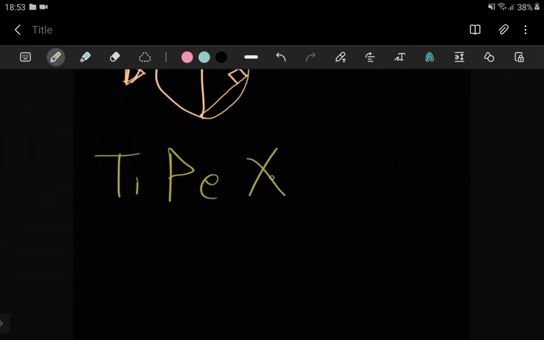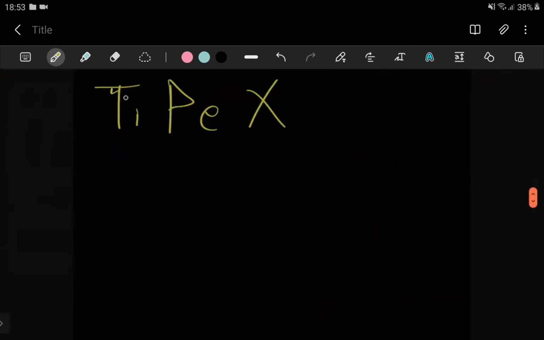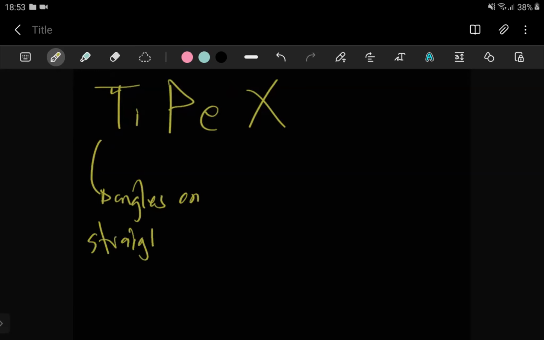Okay, this T here should remind you of angles on a straight line, you see. Remember, angles on a straight line add up to 180 degrees.